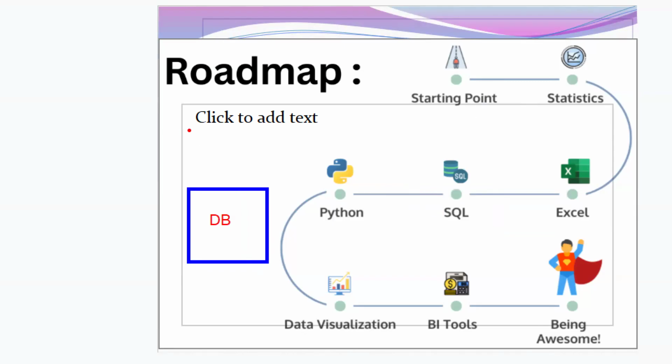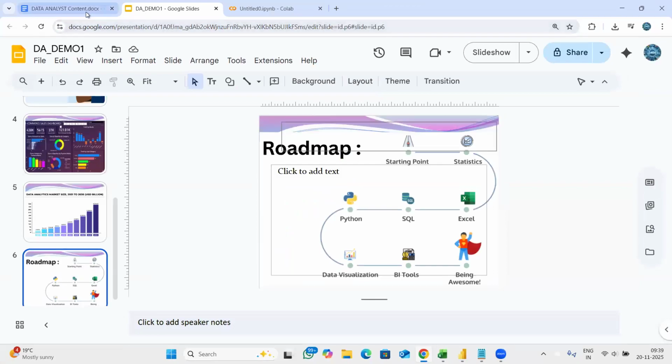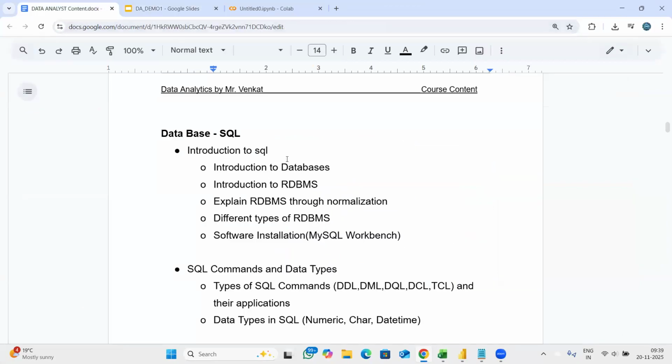Here, SQL stands for Structured Query Language. Using SQL, we can insert data into the database, select data from the database, or update data in the database. We can perform multiple operations using SQL.